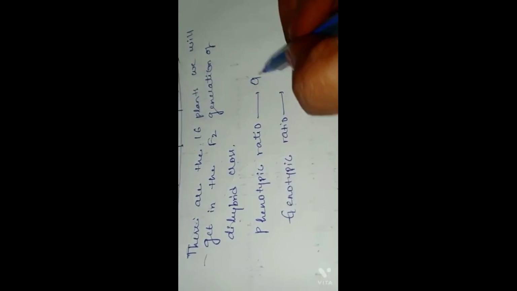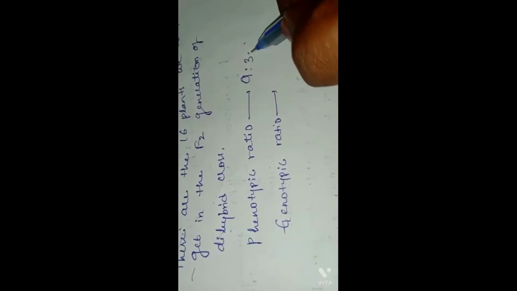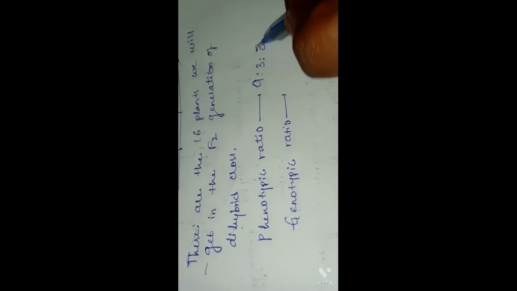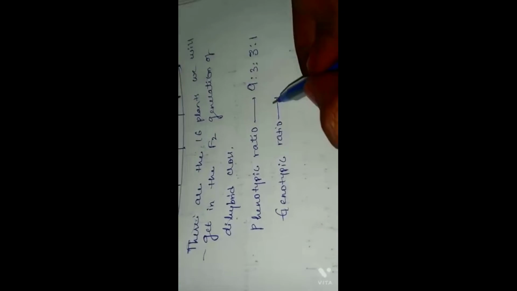The phenotypic ratio is 9:3:3:1. We already know the phenotypic ratio; to know the genotypic ratio, I am using a method. See carefully that I am only writing homozygous yellow, heterozygous yellow, and homozygous green characters.